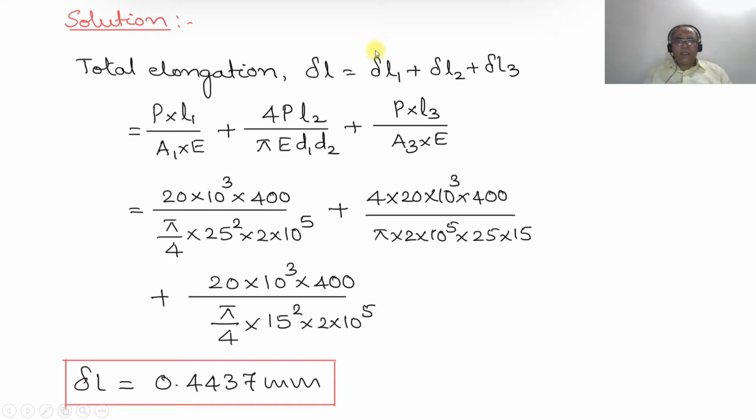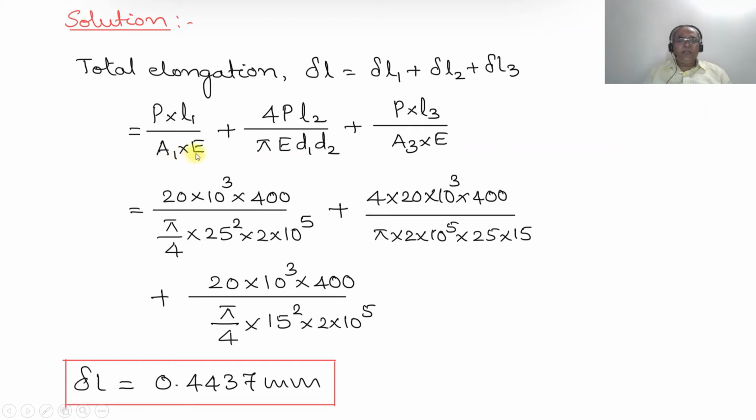So what is the elongation of each part? For a uniform bar, delta L equals P into L by A into E. For delta L1, P is the axial load applied, multiplied by L1, the length of the uniform bar, divided by A1 into E, where A1 is the area of cross section.